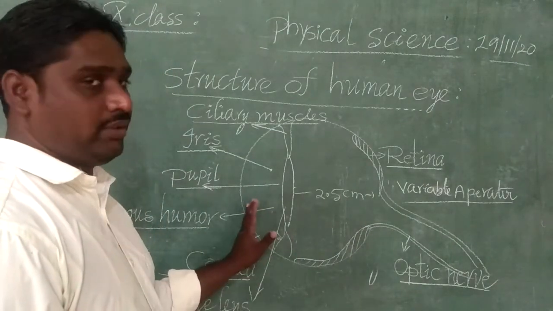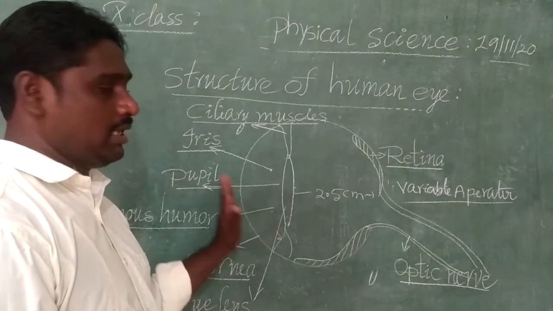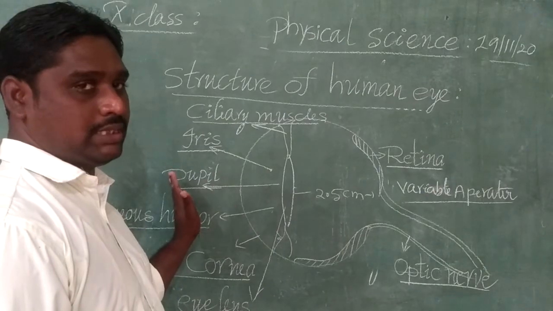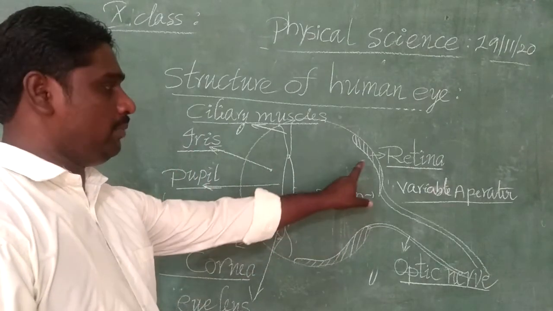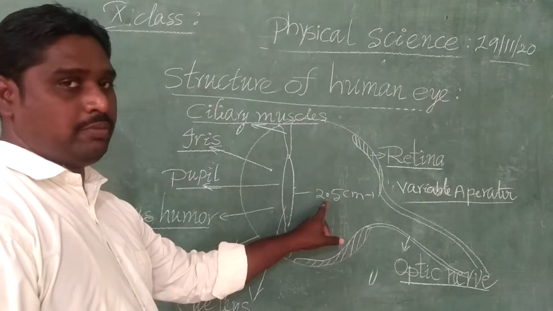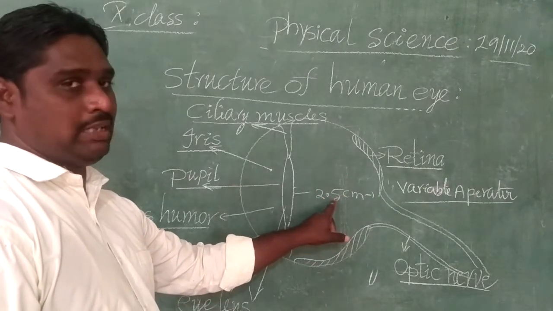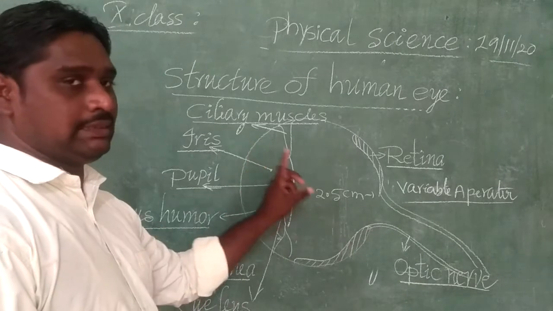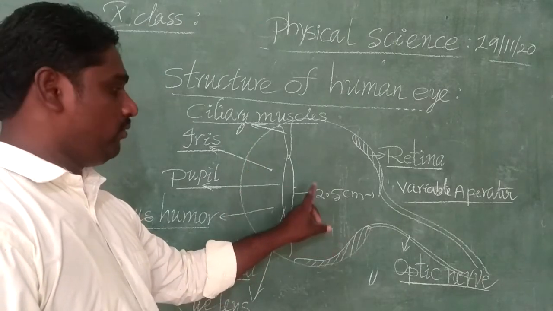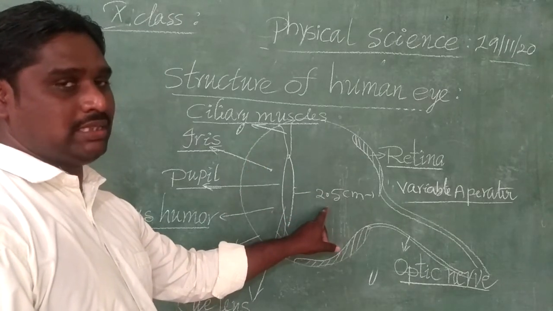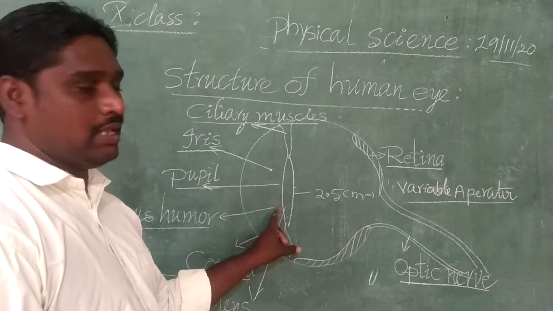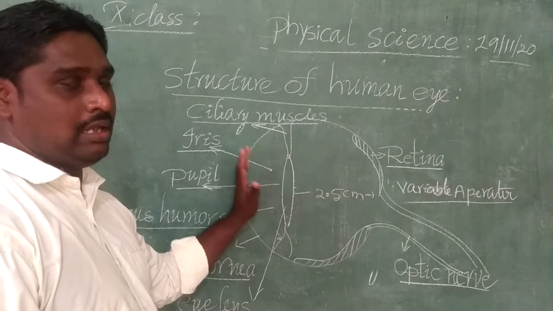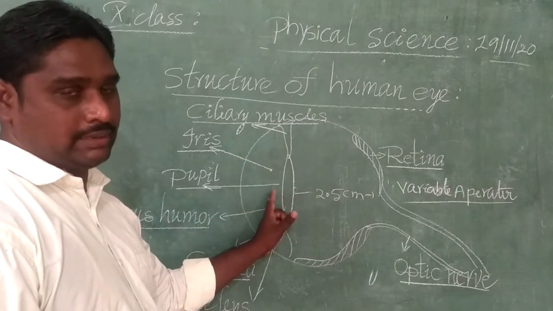Whether the eye is focused on a distant object or a closer object, the lens always forms the image on the retina at a distance of 2.5 centimeters. How is it possible? We get the same image distance for various positions of the object because of a change in the shape of the lens.